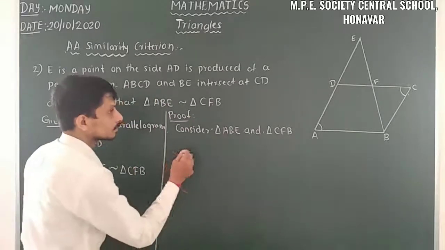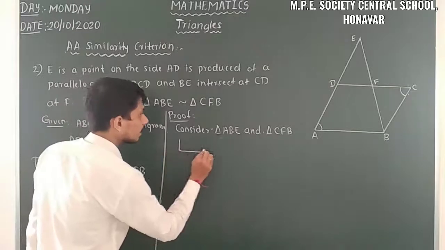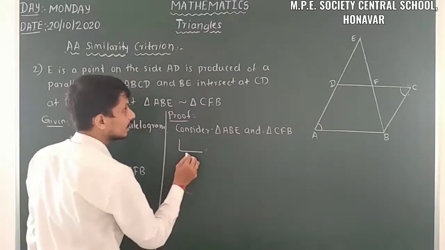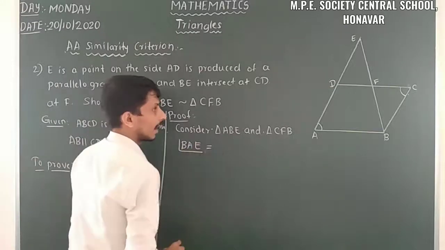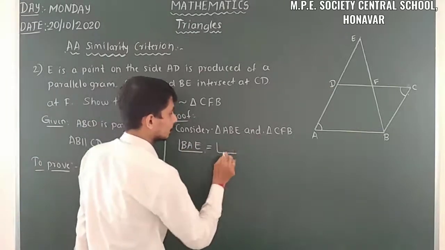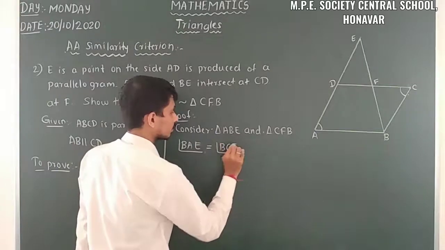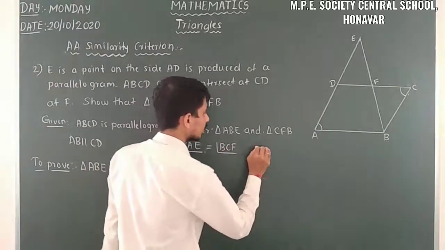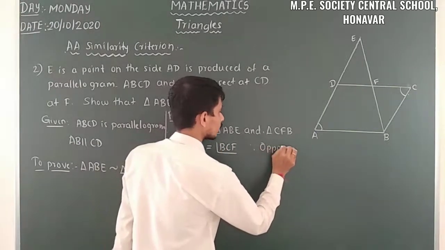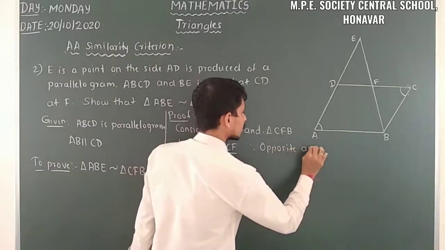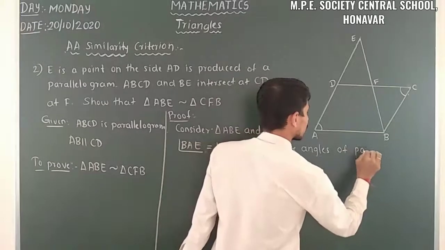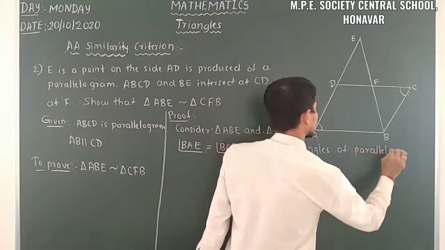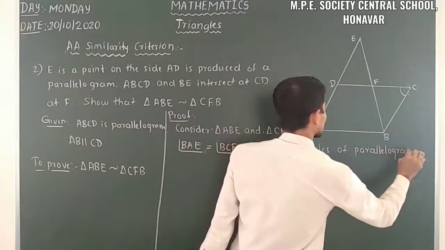That is, angle BAE is equal to angle BCF, because they are opposite angles of a parallelogram.